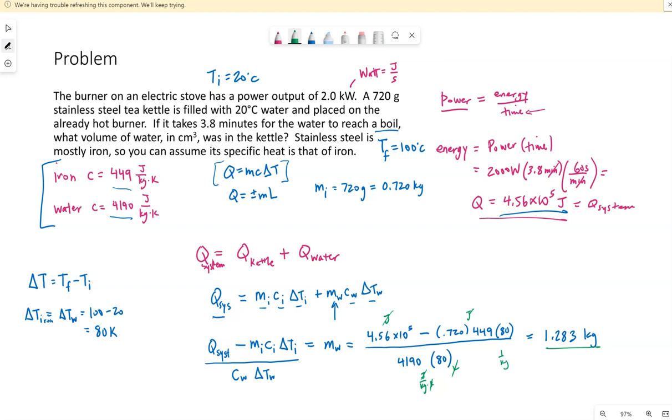Here we want to know the volume, not just the mass. Mass and volume are always related by density. We've been using density as we talk about fluids. That's still true. So the volume will be the mass divided by the density. Off the table, the density of water is 1,000 kilograms per cubic meter.